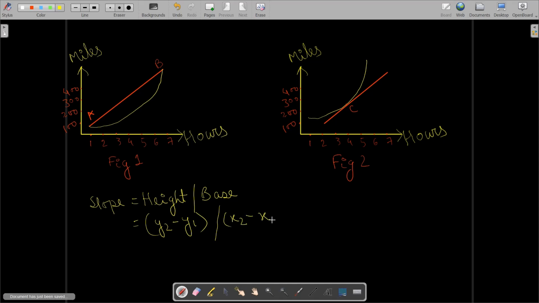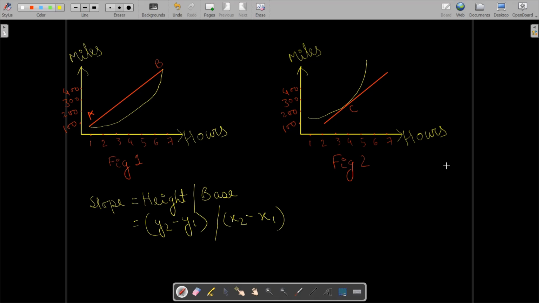This slope will give you average rate in miles per hour. For figure 2, by using calculus, you could calculate exact slope at point C. The slope for the single infinitesimal point on the curve gives you instantaneous rate in miles per hour at point C.